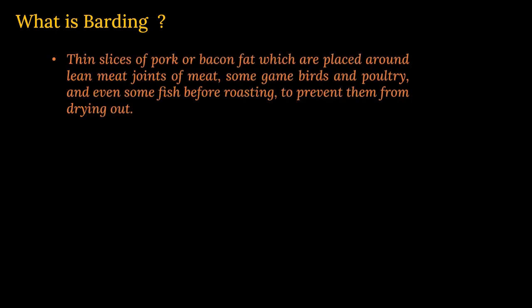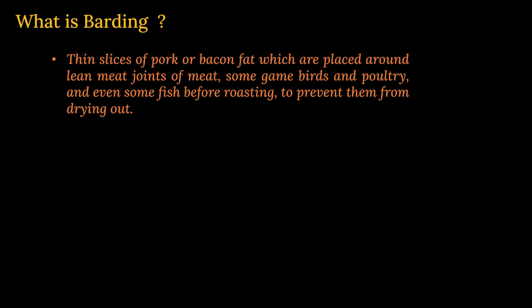Thin slices of pork or bacon fat are placed around lean meat, joints of meat, some game birds and poultry, and even some fish before roasting to prevent them from drying out. Larding, we have mentioned, is inserting the pork fat inside the flesh. Barding is basically covering the lean meat with the bacon fat.